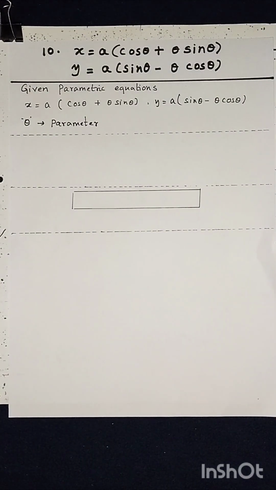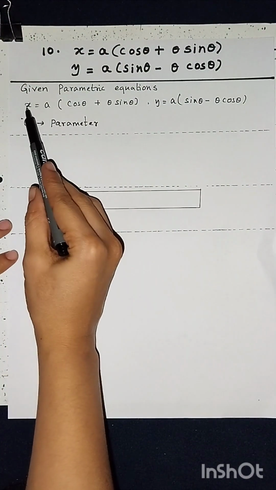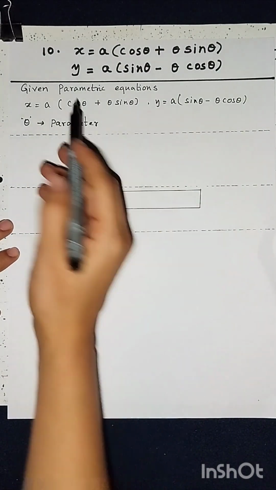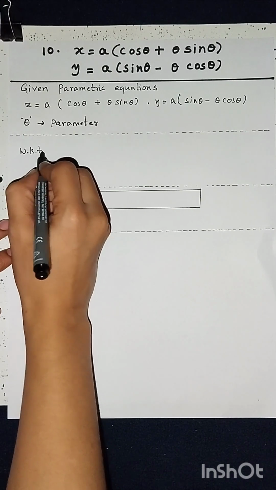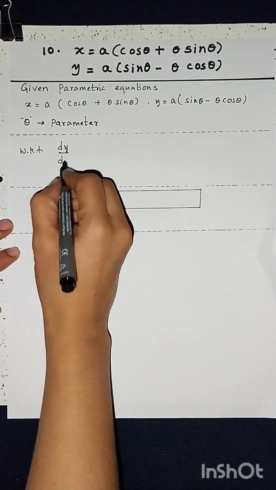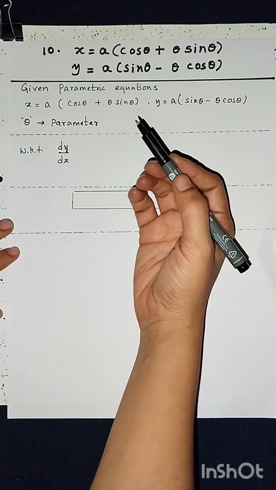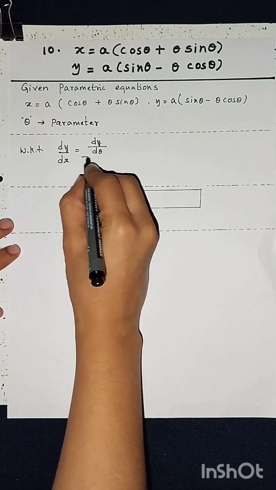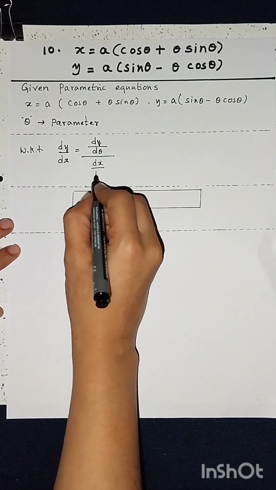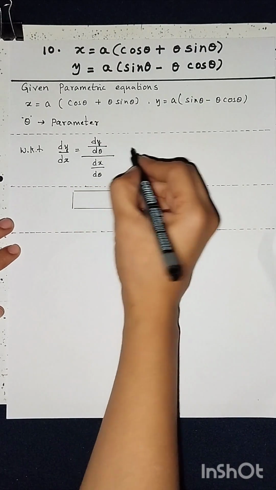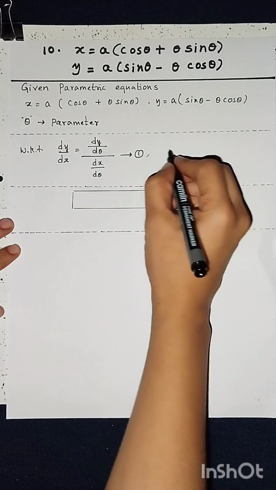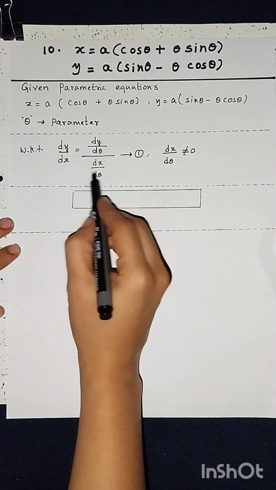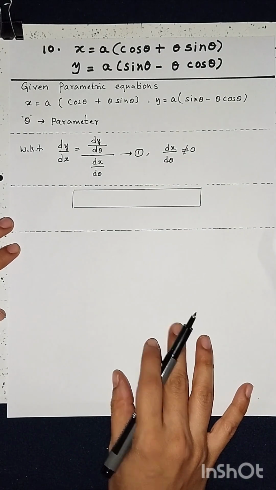So the function x is dependent on theta, and y is also dependent on theta, but we have to find dy by dx, y with respect to x. So we know that this is dy by d theta divided by dx by d theta. So this is 1, and here dx by d theta is not equal to 0. Denominator is not equal to 0.